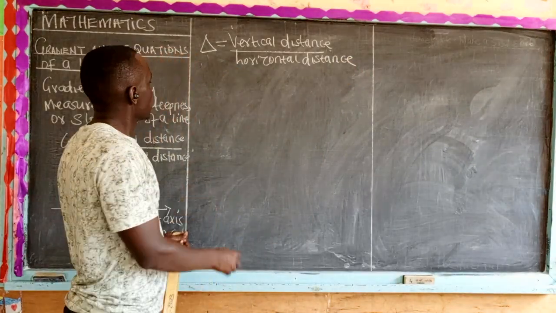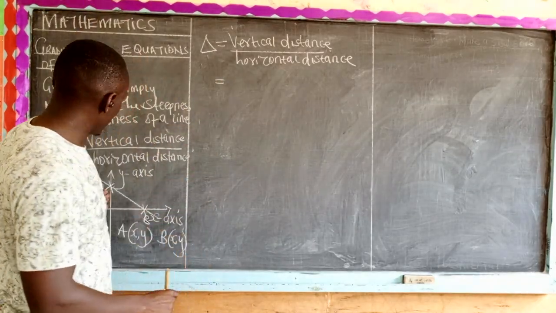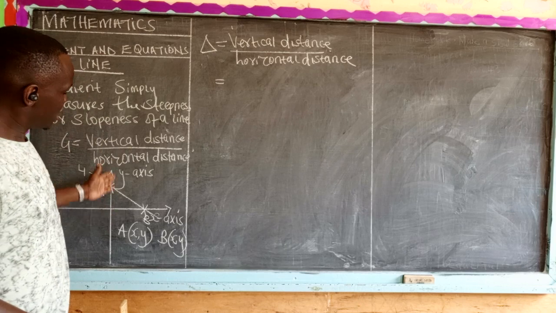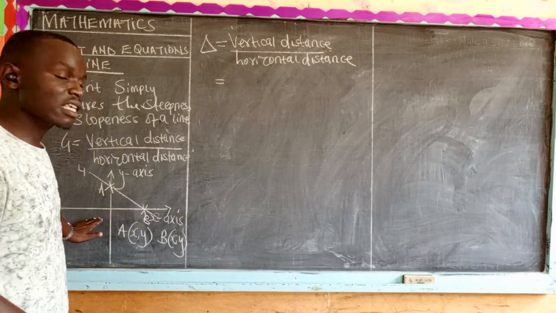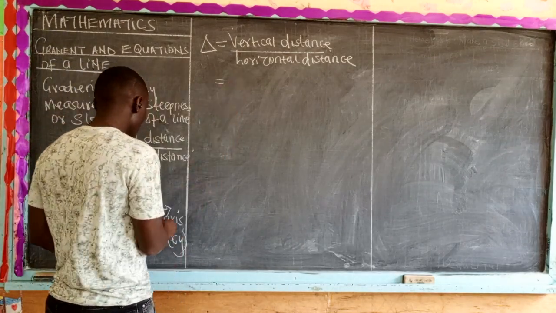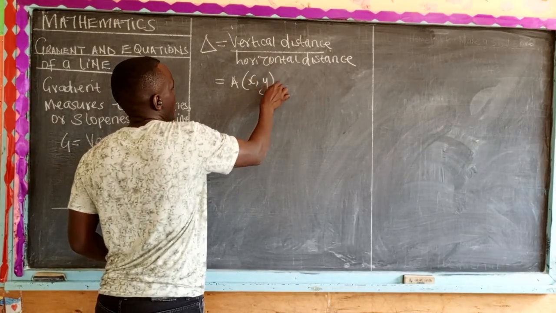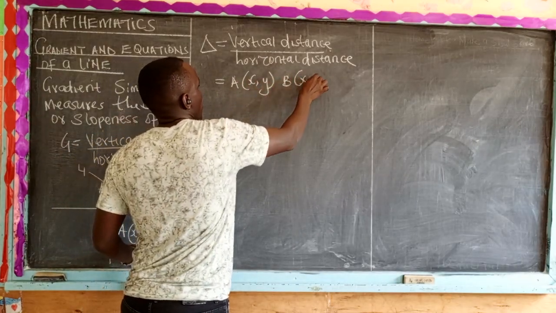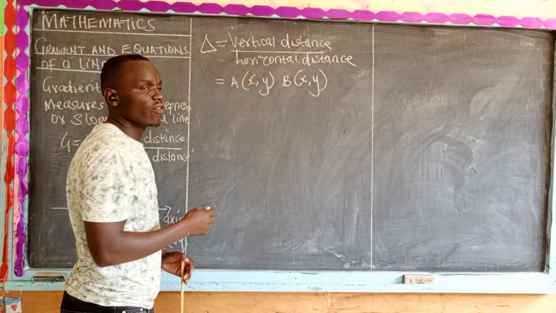When we talk about vertical, the vertical distance is given by the y-axis, and the horizontal distance is given by the x-axis. So for these 2 points, point A and point B, we get the difference in the form of a ratio.